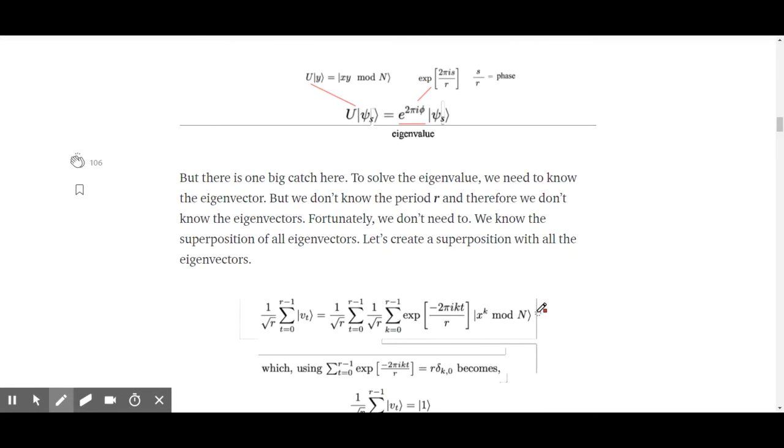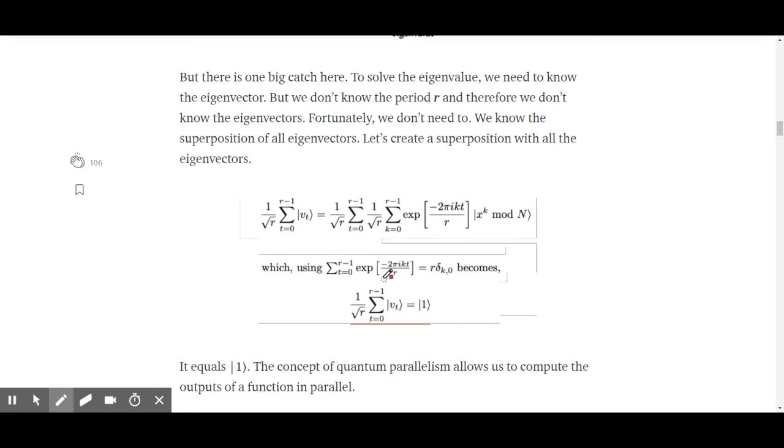But there is one big catch here. To solve the eigenvalue, we need to know the eigenvector, but we don't know the period r, and therefore we don't know the eigenvectors. Fortunately, we don't need to. Let's create a superposition with all the eigenvectors.